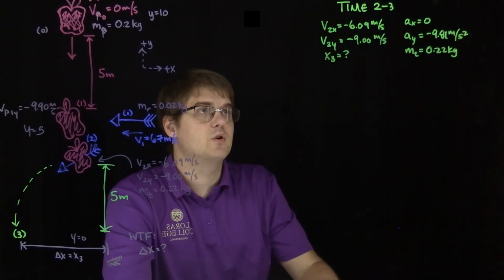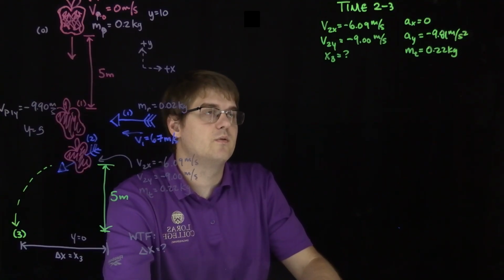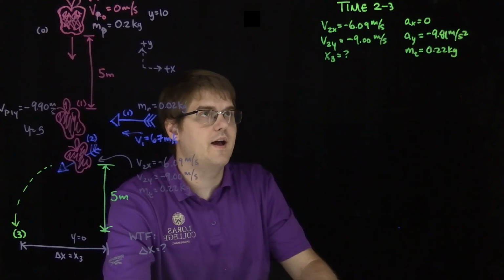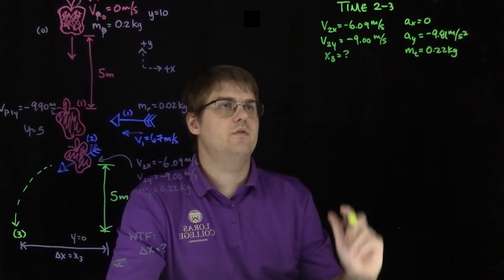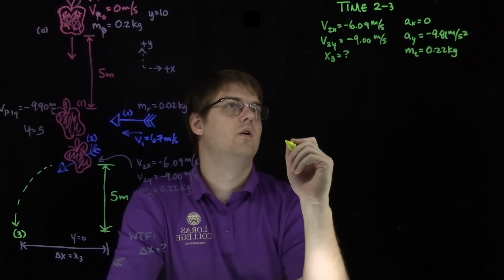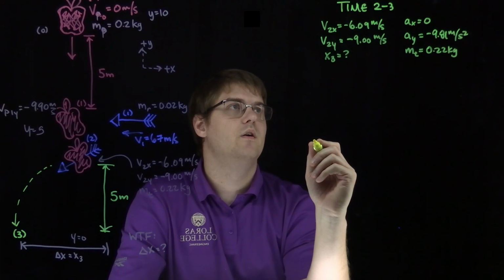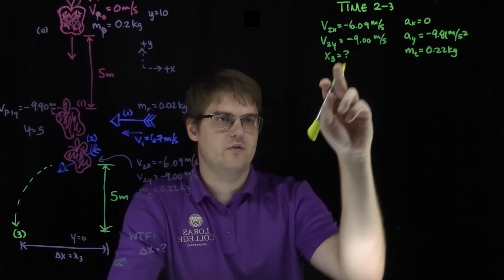With what I am trying to solve, I want x. I don't have time. The best way to do this is I need the time for it to hit the ground in the y. So I want the distance it travels in the x.